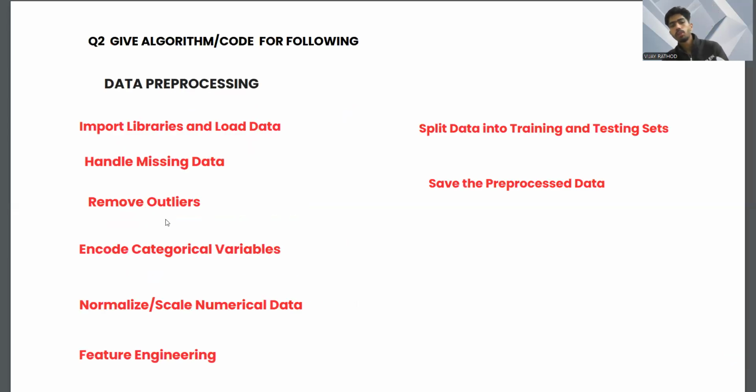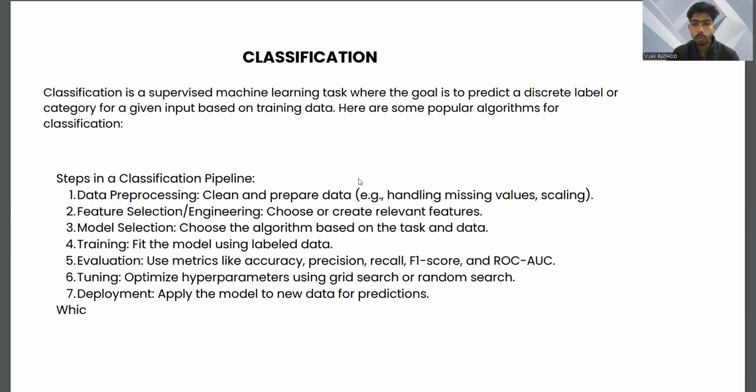Now moving forward to question number 2: give an algorithm or code for the following: data preparation, import libraries and load data, handling missing values, remove outliers, encode categorical variables, normalize and scale numerical data, feature engineering, split data into training and testing sets, and save the preprocessed data.